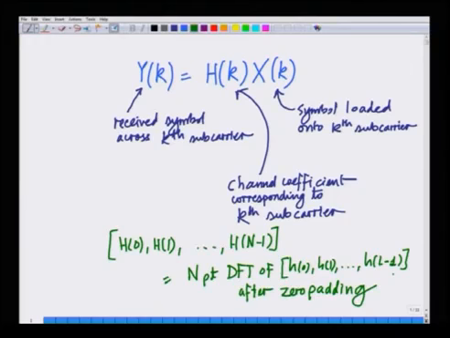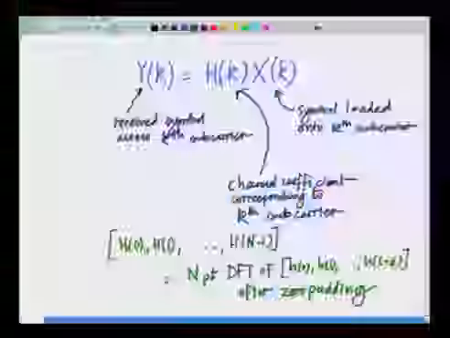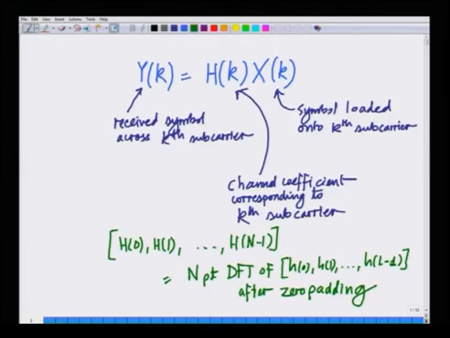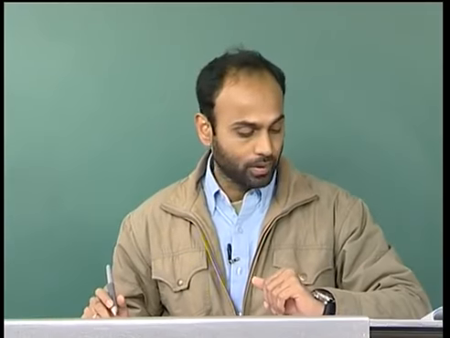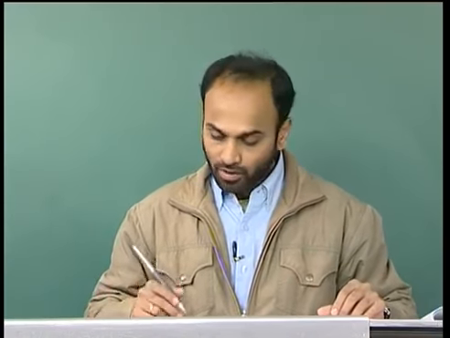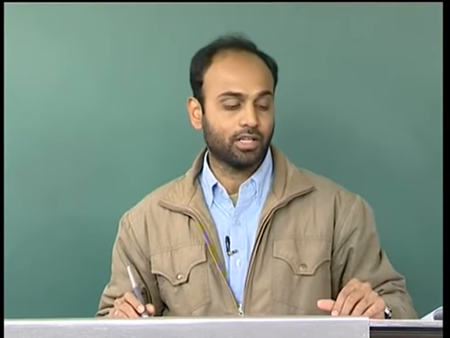So the capital H's, which are the channel coefficients across each subcarrier, are nothing but the N-point DFT of h0, h1 up to h(L minus 1), that is the channel FIR filter after zero padding. Okay, so what we have now is Y[k] equals H[k] times X[k].